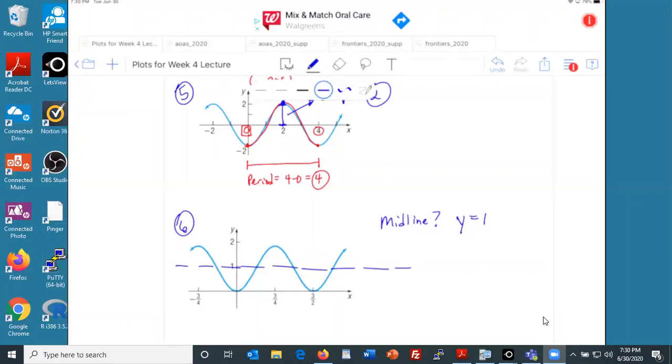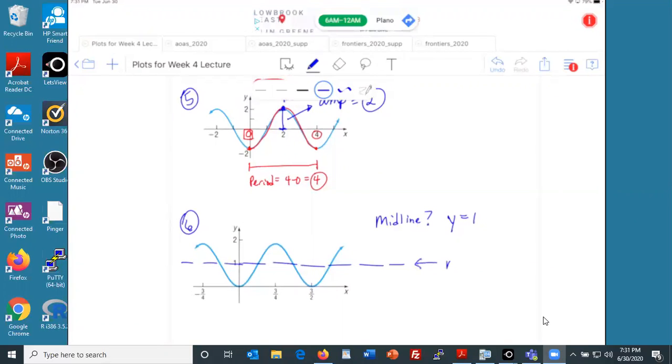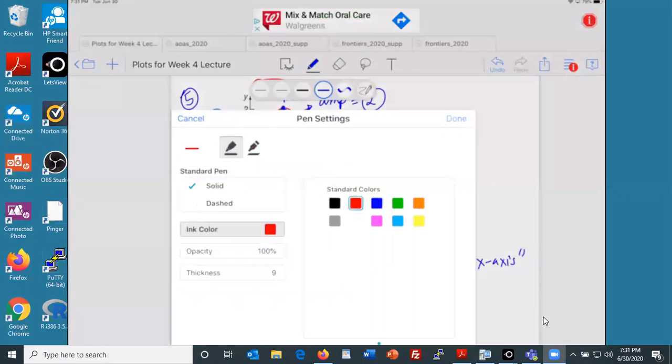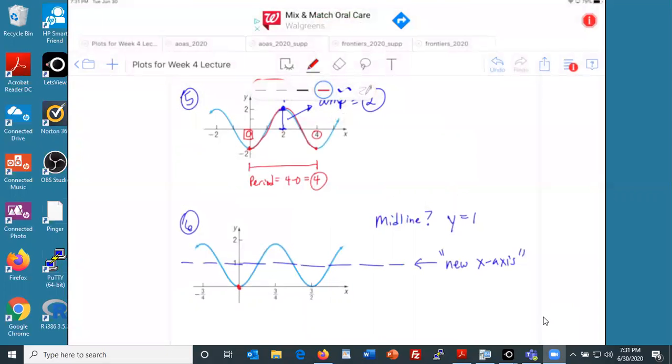So now what function are we looking at here? All right, so this midline is now my new x-axis. So you want to think of it like that. All right, so now the function itself, since this starts below the new x-axis, it has that particular shape.